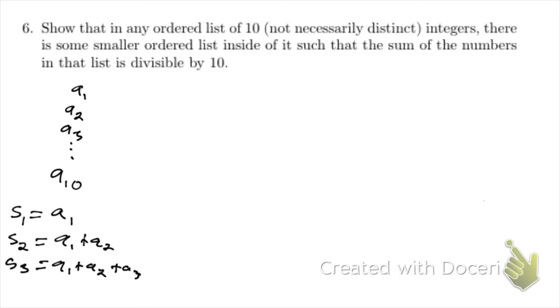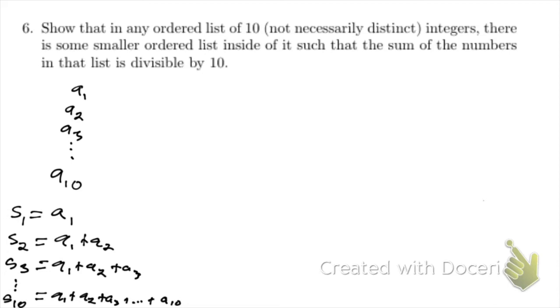I'm just making up some names for sums of different lists that are inside of here. Okay, and I'm just picking 10 lists. There's heaps of lists in here, but I'm just picking 10 that I've specifically chosen, and we know that S10 is equal to A1 plus A2 plus A3 plus, and then all the way up to A10. Great. So these are some important sublists that we're going to consider.